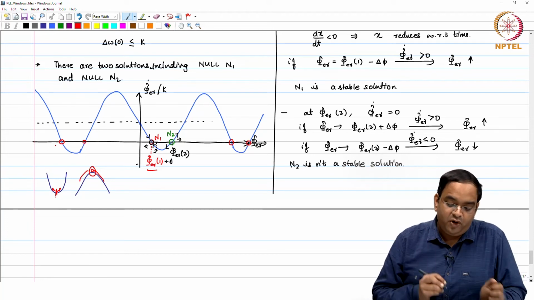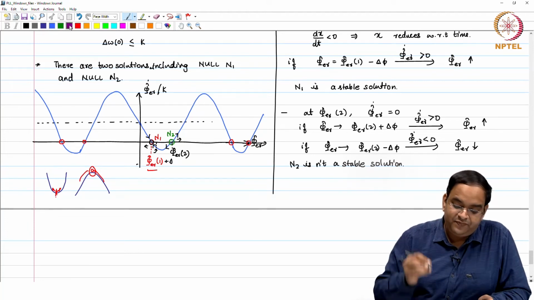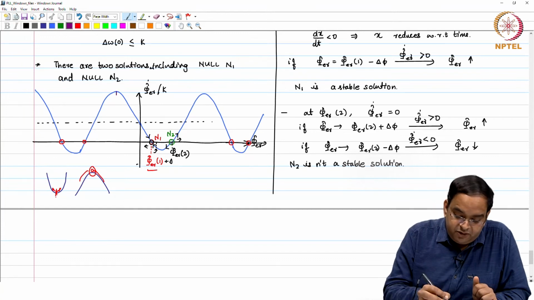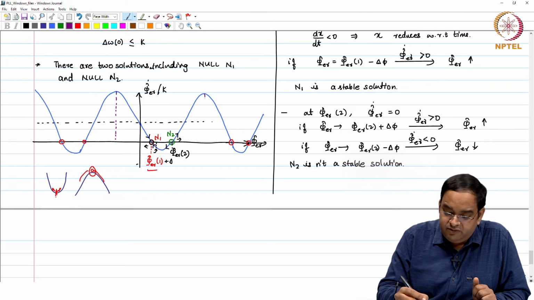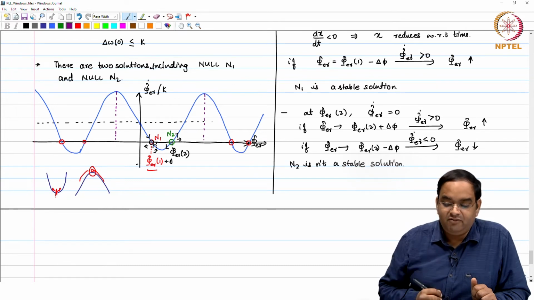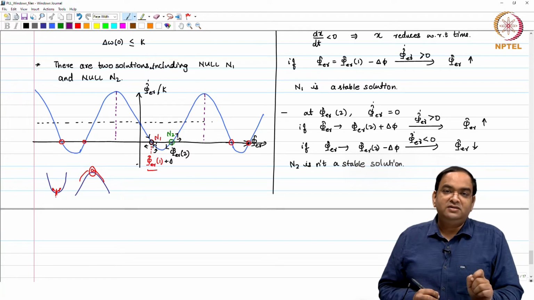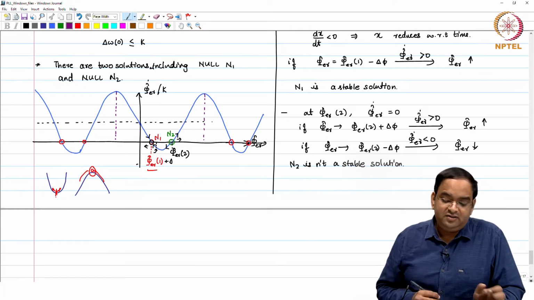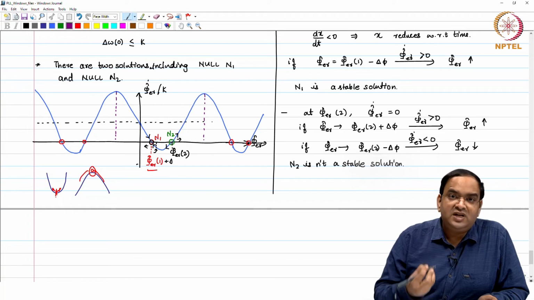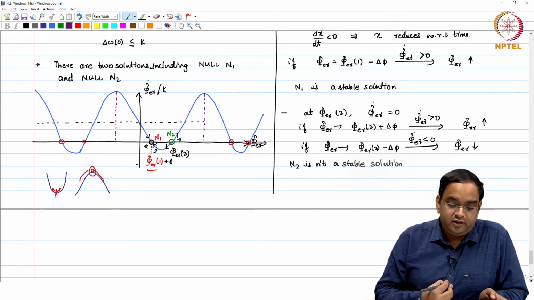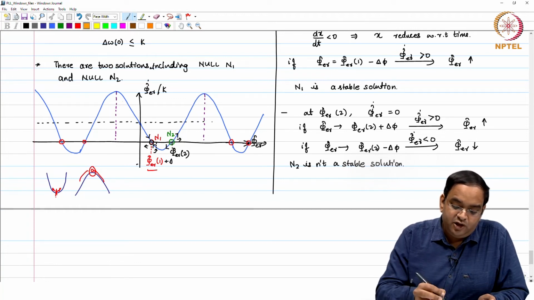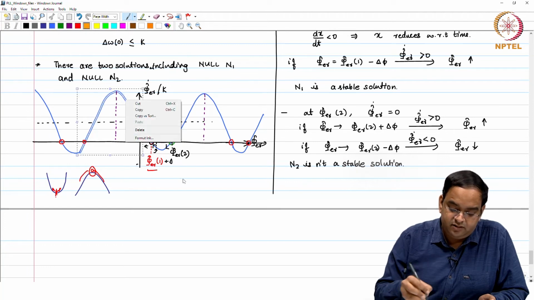Okay. An important observation here is that between every two peaks, there exist two solutions given by N1 and N2. Out of those two solutions only one is stable. Why is it important? It is important that when you start your PLL, you can start from any phase error.